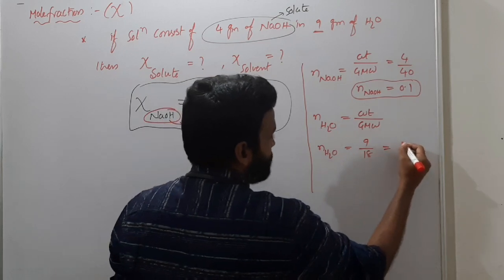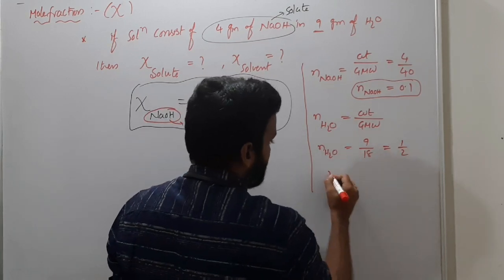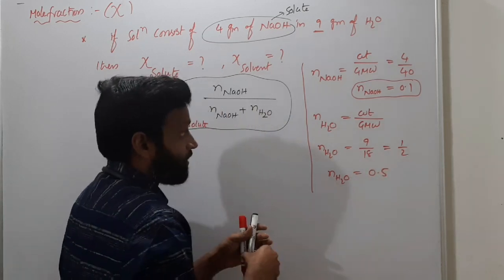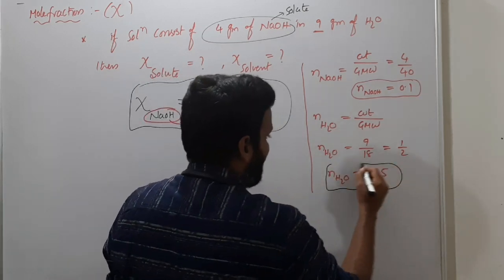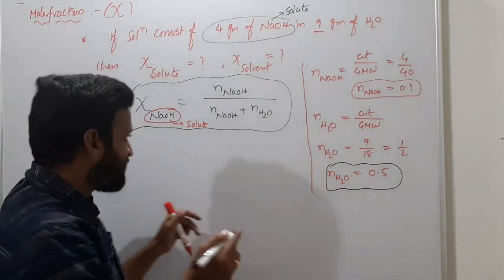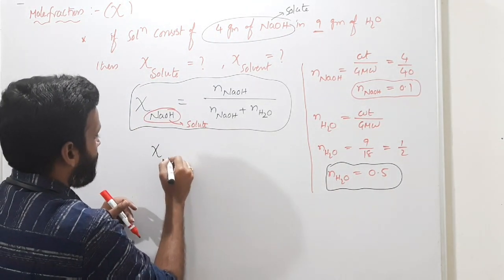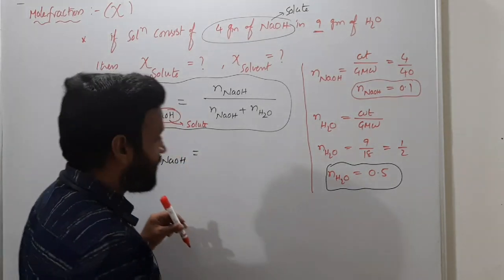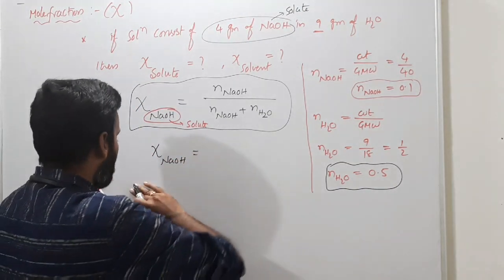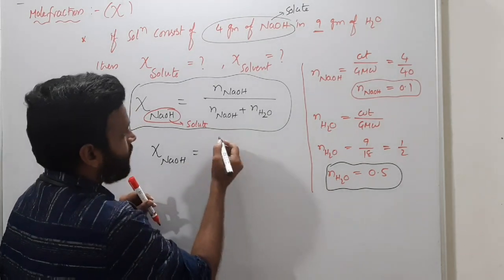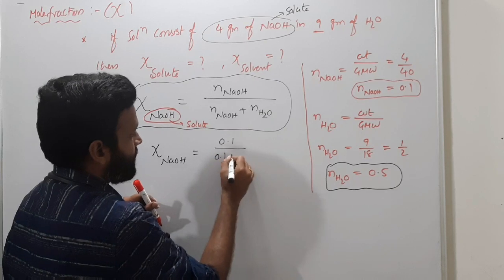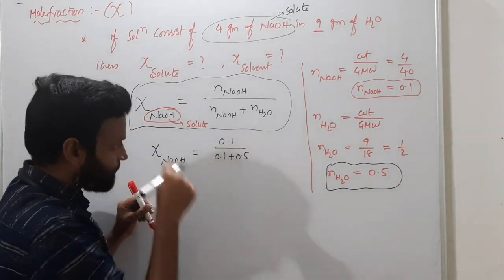So 9 by 18 is 1 by 2, which means the number of moles of water is 0.5. Now the mole fraction of NaOH, the solute that was dissolved, is 0.1 by 0.1 plus 0.5.